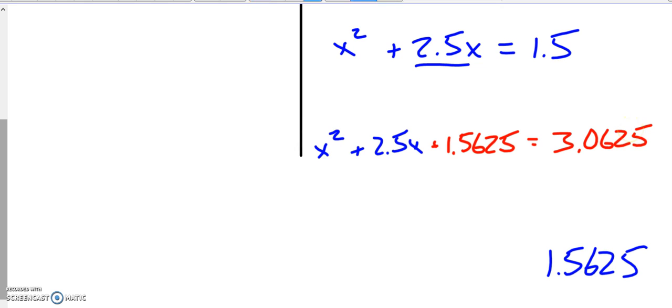Okay, so this is not your typical trinomial, but it is a perfect square trinomial. That's one thing we do know. So it's going to be x plus something. So I'm going to take the square root of 1.5625 and see what we get here.